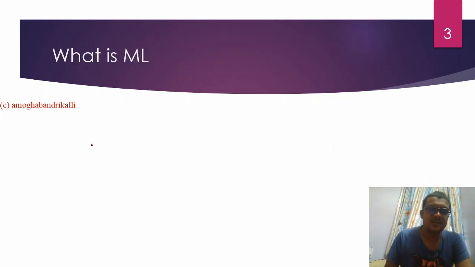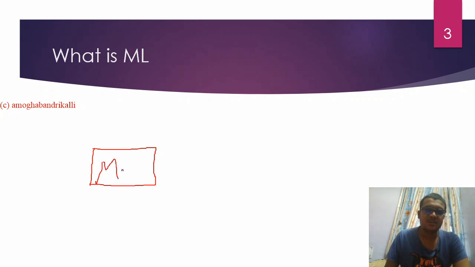So what is ML then? As I was telling, it is a piece of software. We are going to call it a model. This is a piece of software, or model, which is going to be trained by providing examples.